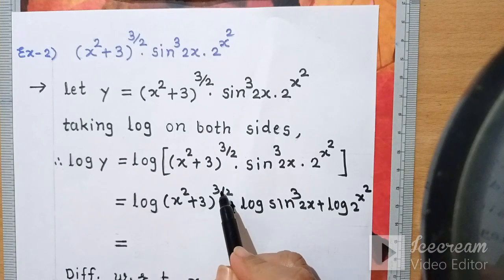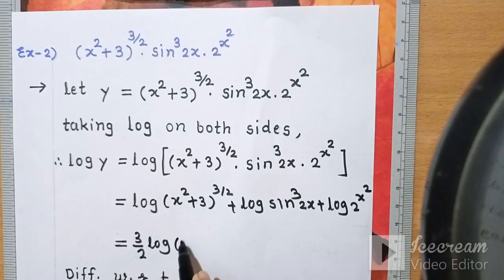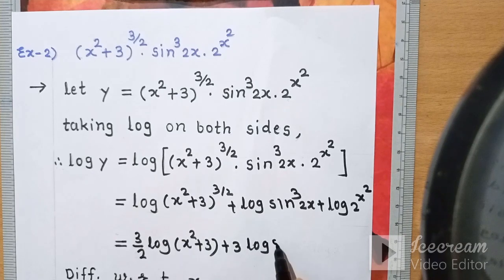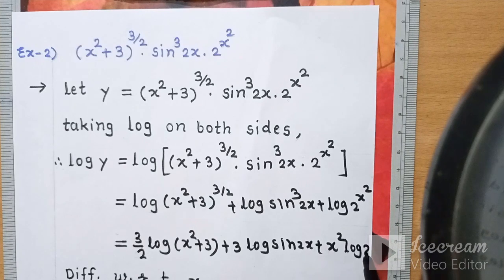In the next step we take the indices to the front: 3 by 2 log of (x square plus 3) plus 3 log of sine 2x plus x square log of 2, because here x square is the index.